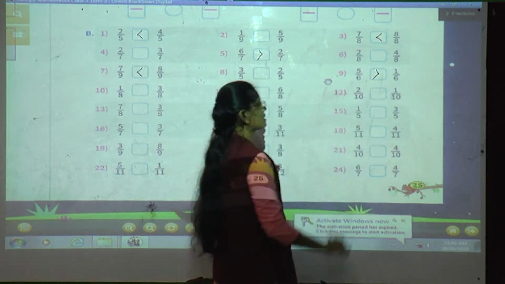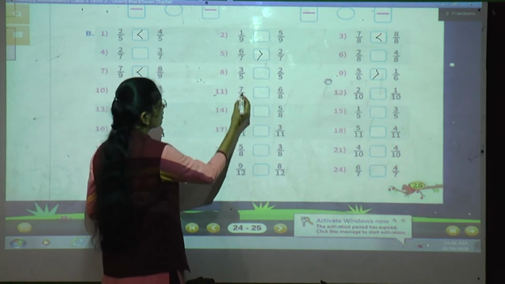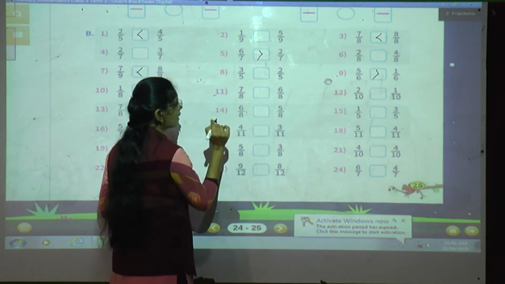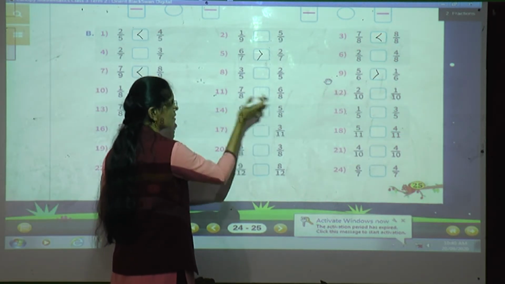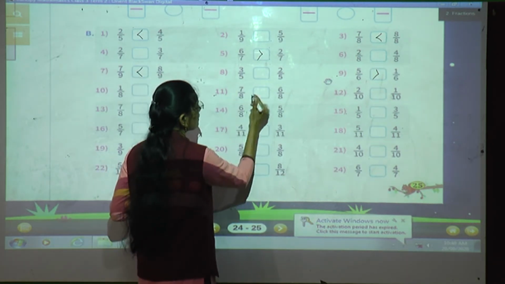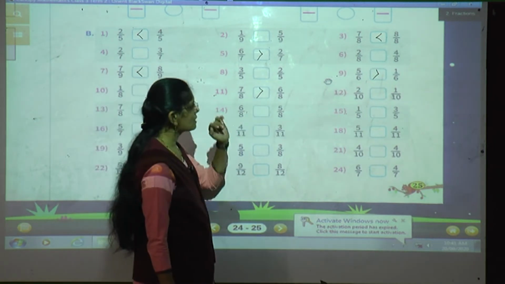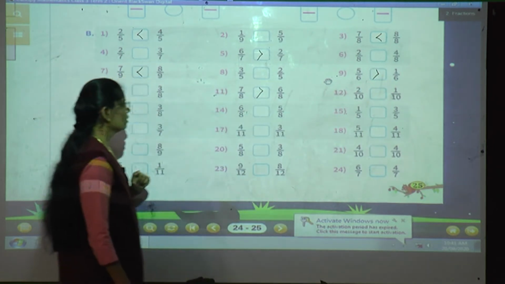So 5 by 6 is greater than 1 by 6. Then see the 11th number. 7 by 8 and 6 by 8. Like fractions, so we have to see only the numerator. Here 7 and here 6. 7 is greater than 6. So 7 by 8 is greater than 6 by 8.